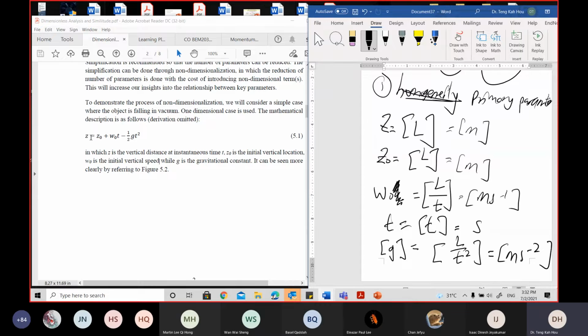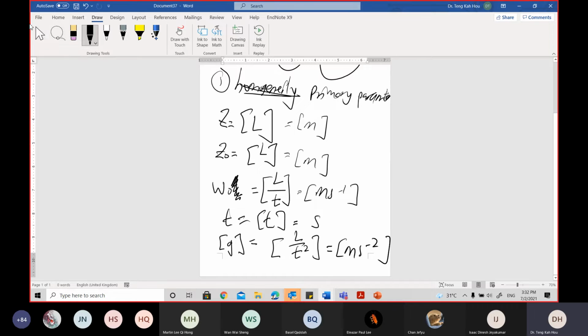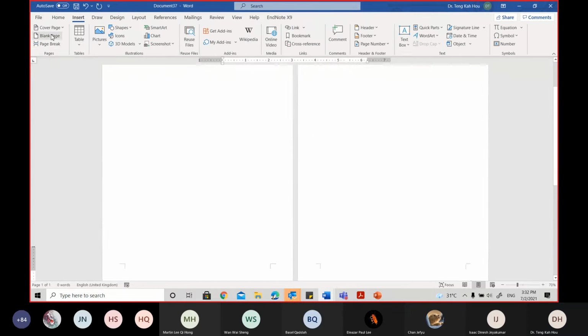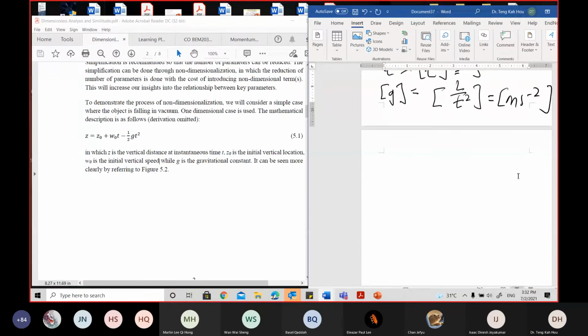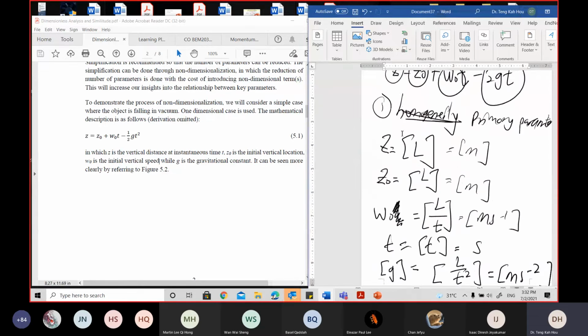In order to change all these terms into a dimensionless equation, I need a new z, which I call z star, where z star is z divided by z0.